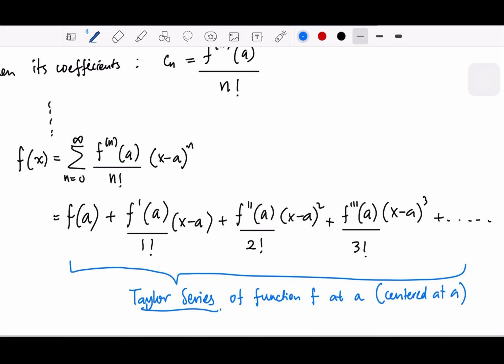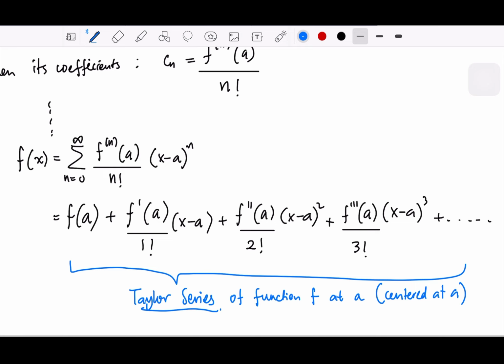Basically, if you know how to write down the Taylor series, it has a special pattern: f of a, then the first derivative with n equal 1, 1 factorial, second derivative, 2 factorial, n equal 2, and so on, and we can add as many terms as we want. I believe this should be easy to establish by yourself if you write down the series.